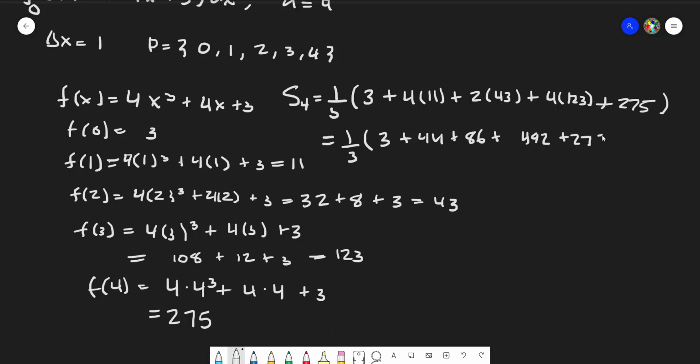Then plus 275. Either way, if you add up all of this, you get 900 divided by 3, which is 300 squared units.